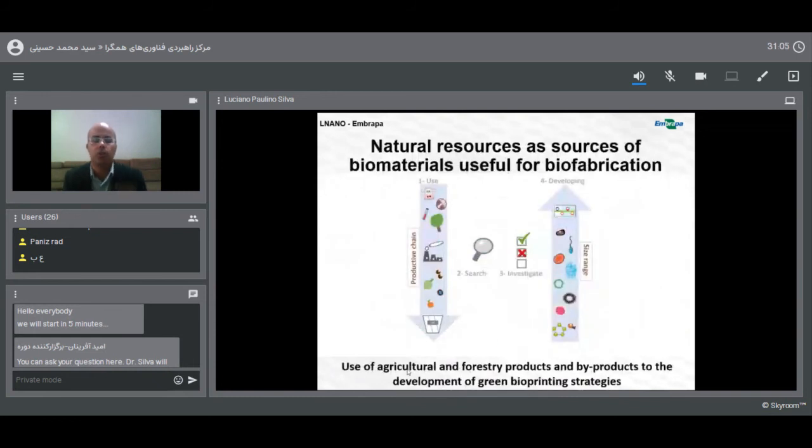We have also developed several strategies to identify natural resources as sources for biomaterials useful for biofabrication processes, and in this way we use agriculture and forest products to develop new bioprinting strategies and technologies.